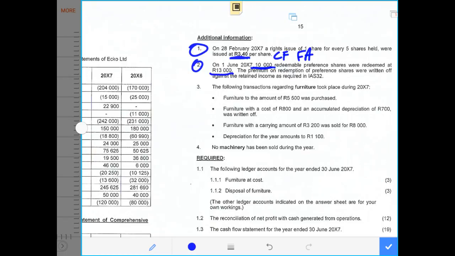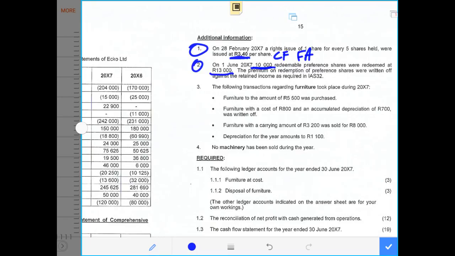But we redeemed them at 13,000, not 10,000, because it was supposed to be 10,000 shares times 1 Rand. That means the difference between the 10,000 rands of preference capital and the 13,000 is what is called a premium on the redemption of preference shares, in case you do not know that. The reason they are redeemed at 13,000 is that they have already added the premium.